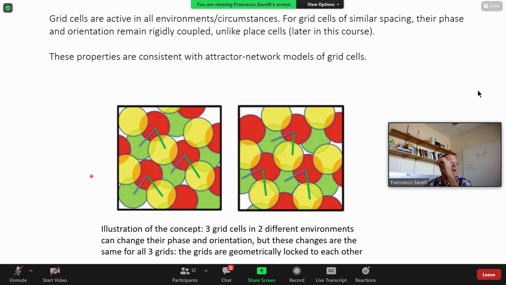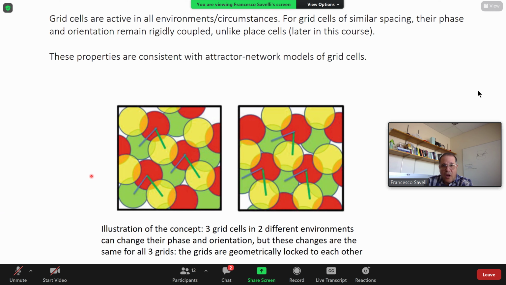And the idea is that if you take multiple grid cells, at least of the same scale, the phase might change in different environments, but the difference in phases, how offset they are, never changes. So they preserve their positional relationship to each other.